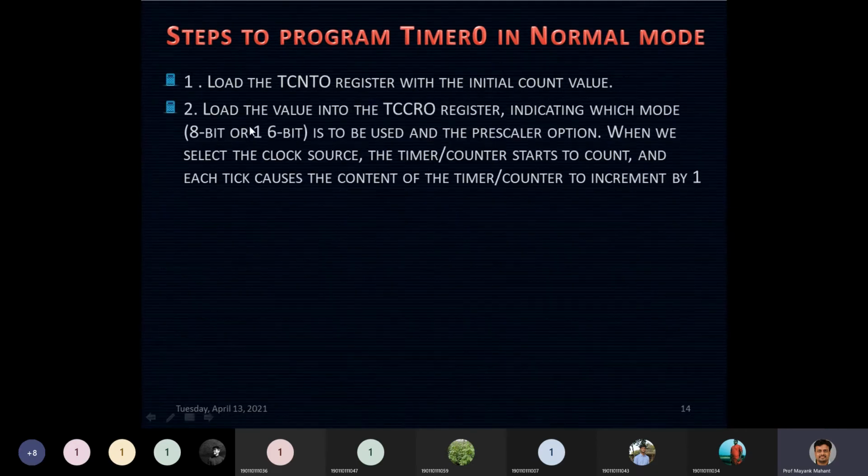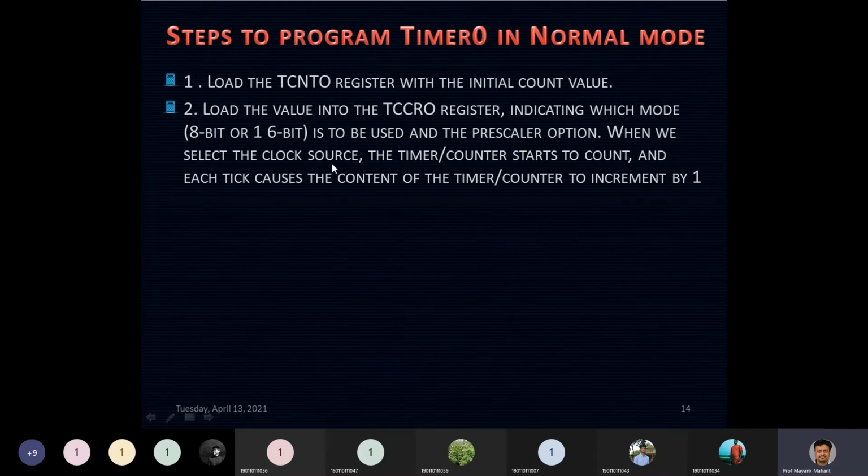Then load the content into the TCCR register, according to the mode in which you want to operate. This TCCR0 will indicate which mode you want your timer to be used in and what the prescaler option is.